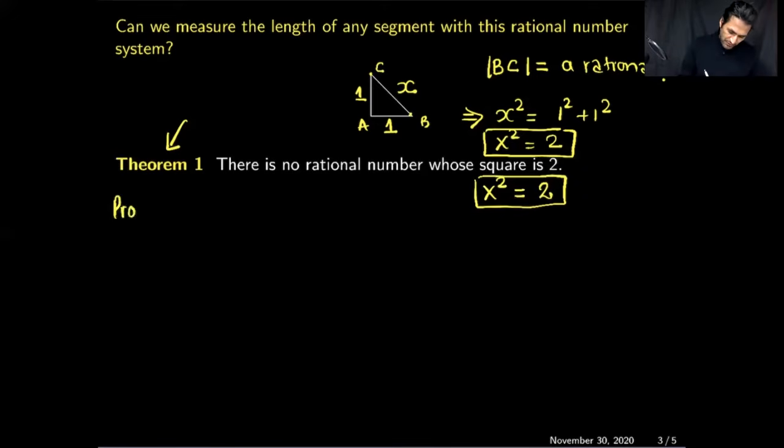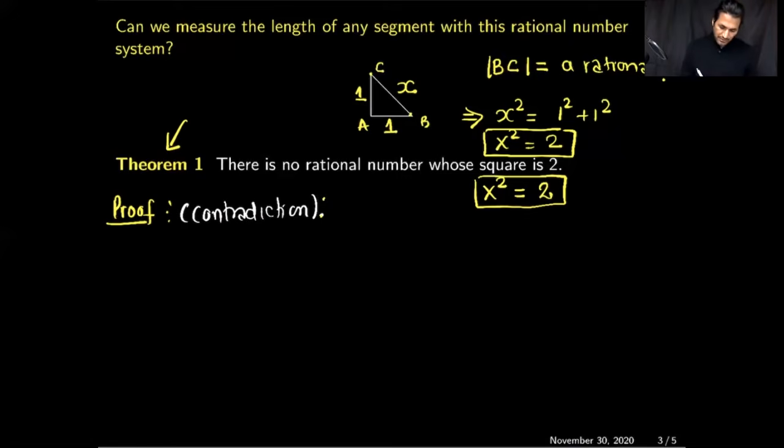We will prove this theorem by using the method of contradiction. This is our first theorem of this course. We will have many other proofs, but this time I will use this method, the method of contradiction. In the method of contradiction, first I take the statement and assume the opposite of that statement.